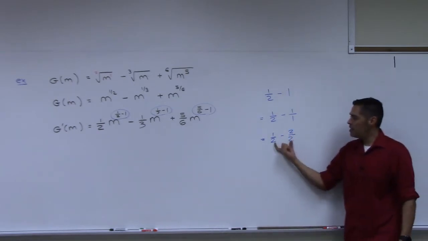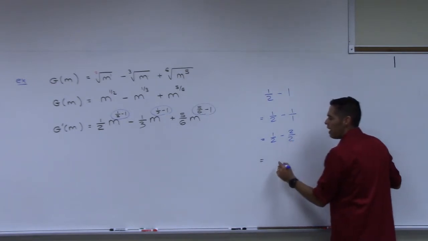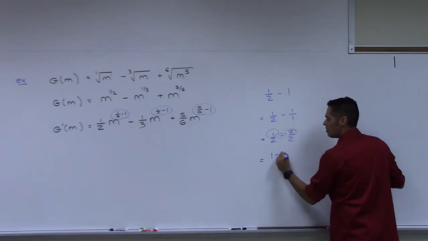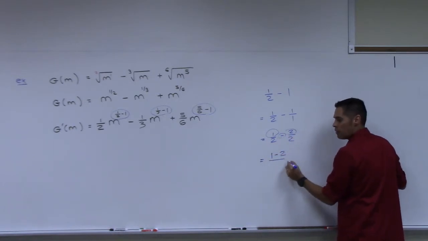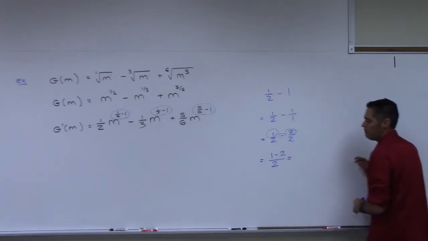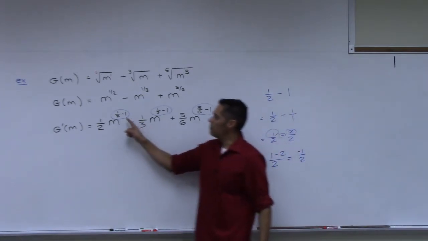And now that I have the same denominators, I can subtract these. To do the subtraction, I take 1, I subtract 2, so 1 minus 2, and then I put that over the common denominator, which is 2. So what do I get here? Negative 1/2. So this power is going to become negative 1/2.